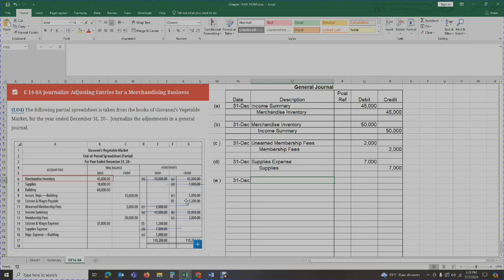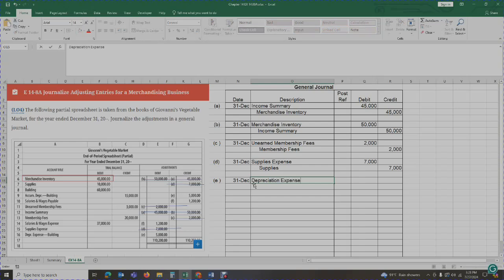My accumulated depreciation account, which is a contra asset account, will get credited, and I have to recognize the expense for actually using the building by debiting it. This was also covered in your Introduction to Accounting 1 course, so we should be familiar with this from that point. So what are we going to do? We're going to debit depreciation expense.